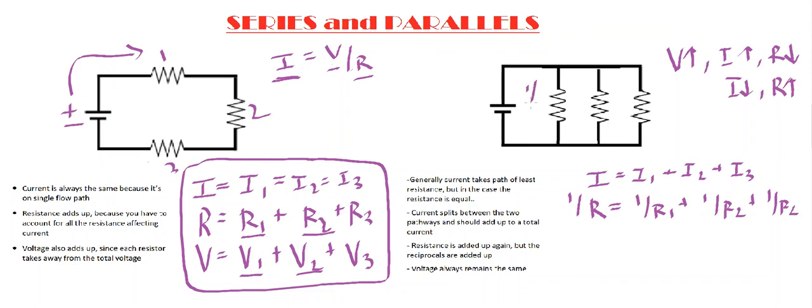Therefore, only supplying half of the current through this resistor, with the same voltage from the battery, this resistor will increase in value. This resistor only has 1/4 of the current, so it will be even higher than the original resistor.